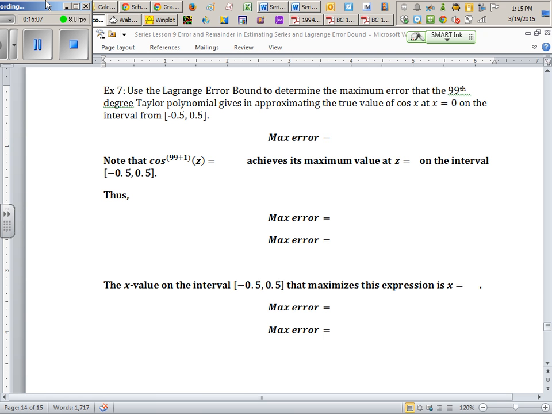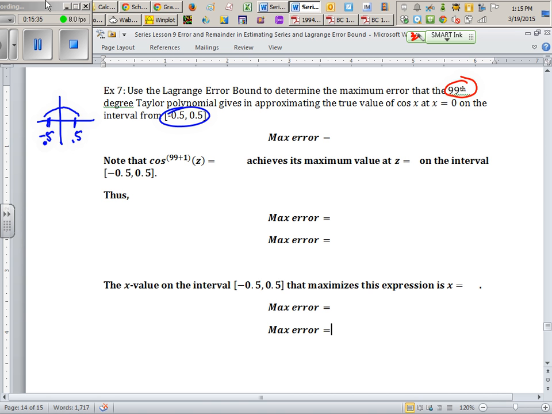Okay? So let's just see if we understand the question. We're doing cosine x, right? That just looks like this, right? We've got a 99th degree Taylor polynomial. Now this is only between negative 0.5 and positive 0.5, mind you. Okay, the whole thing happens between negative 0.5 and positive 0.5, it says.